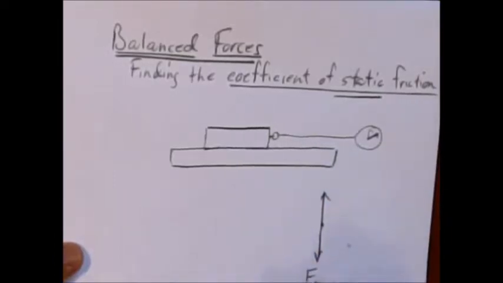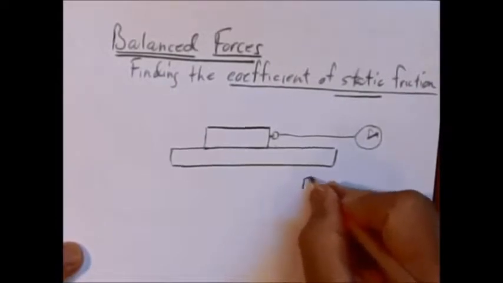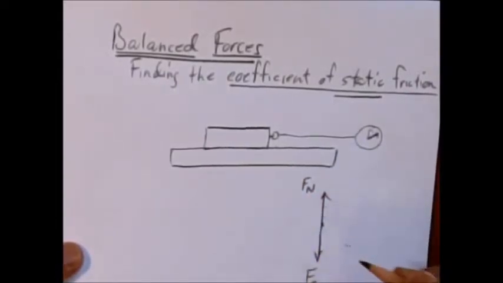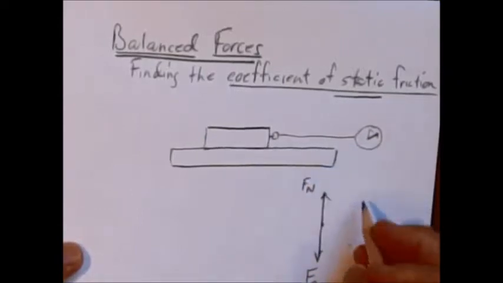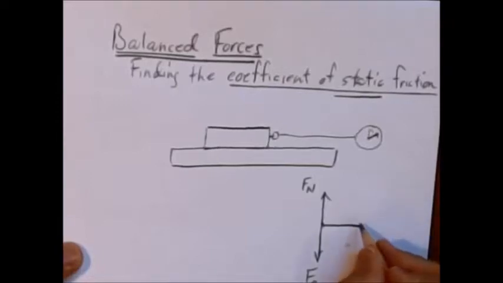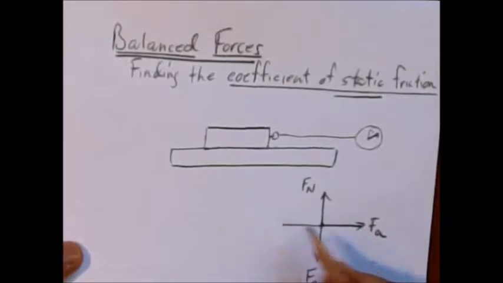So our force of gravity and our normal force are both equal, because the block isn't going up or down, it's just sitting there. Now we are applying a force, and this will be my force applied. And meeting in opposition to that force is the force of friction.